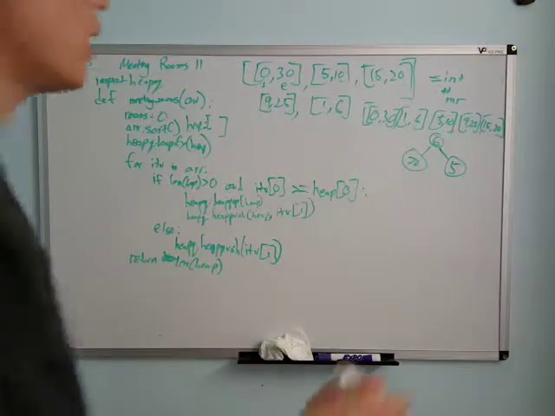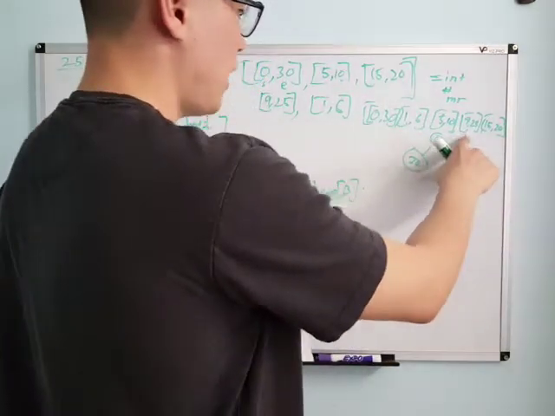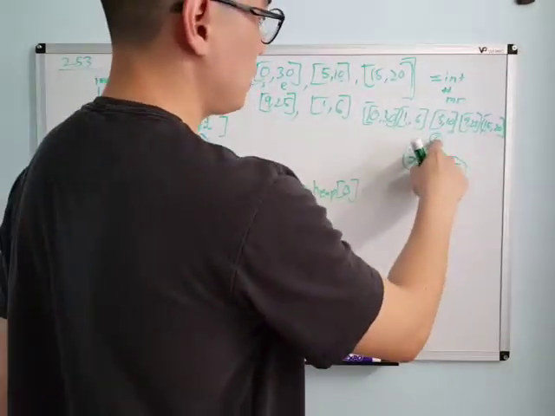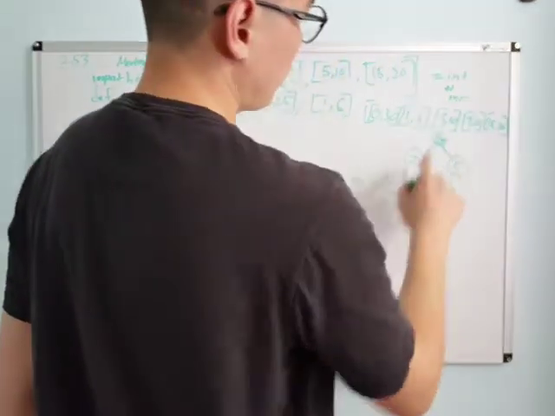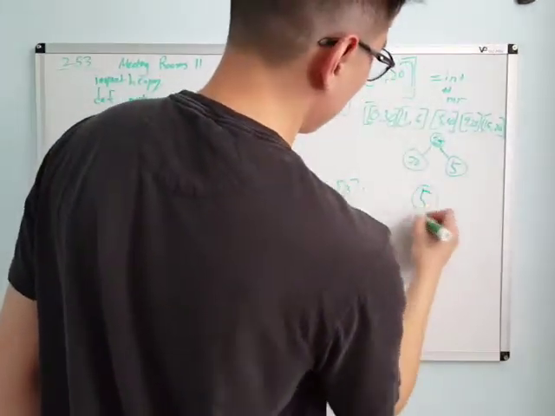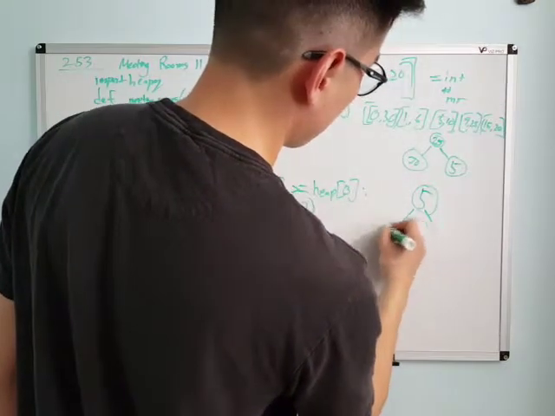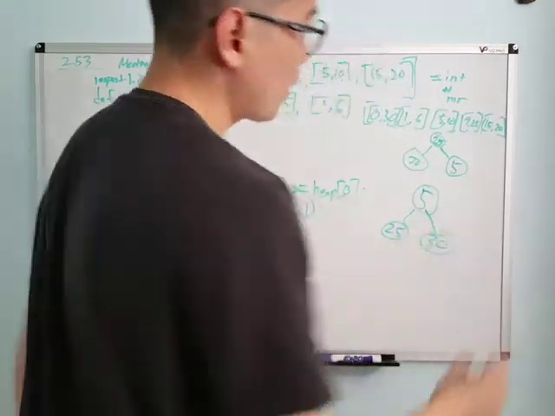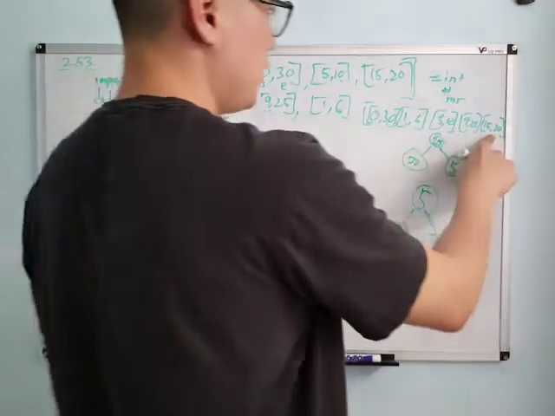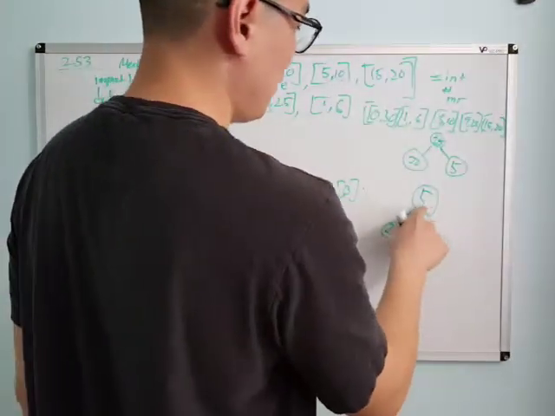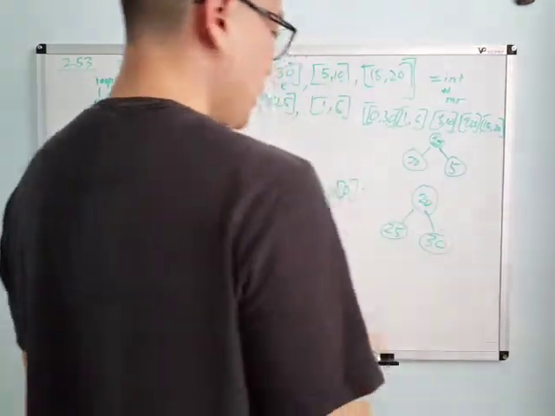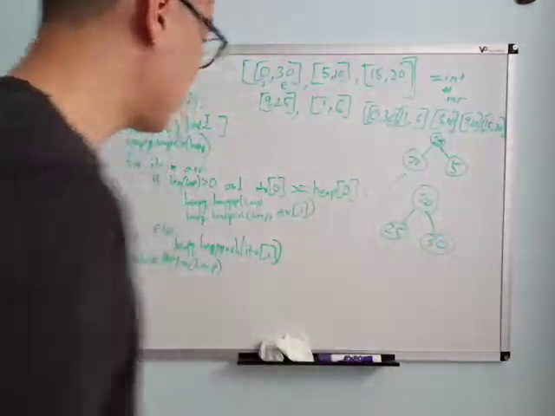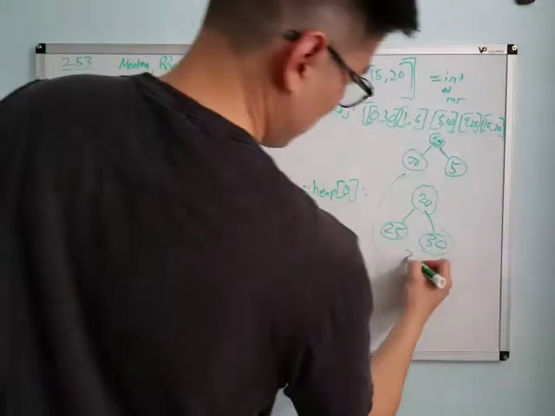So we have 3 already, but we need to continue. So 9 is actually greater than our root, so we'll replace this with the 25. But we would have to bubble up, so our new one would look like this. And then 15 is also greater than our 5, so we would have to replace our 5 with the end, which is 20. What is the length of our heap? It is 3. Return, we would get 3.